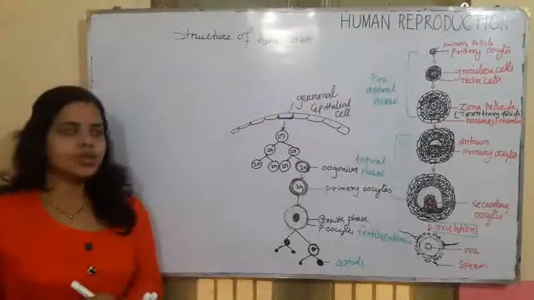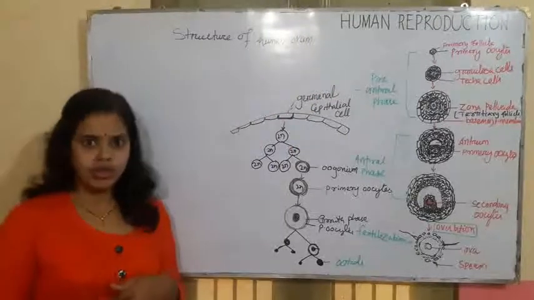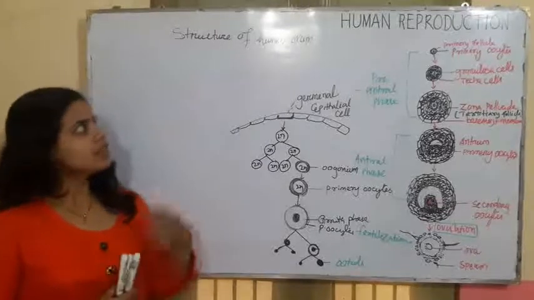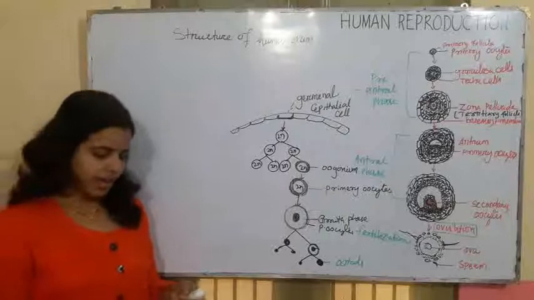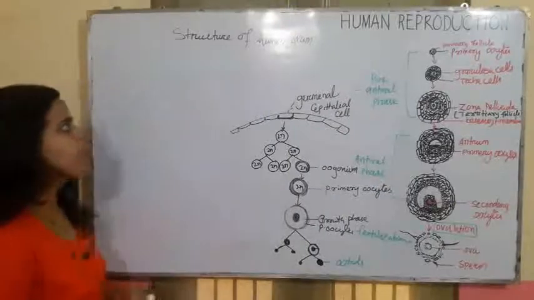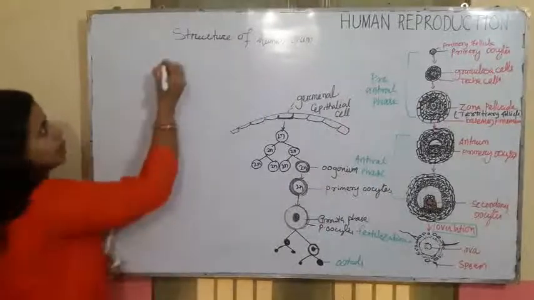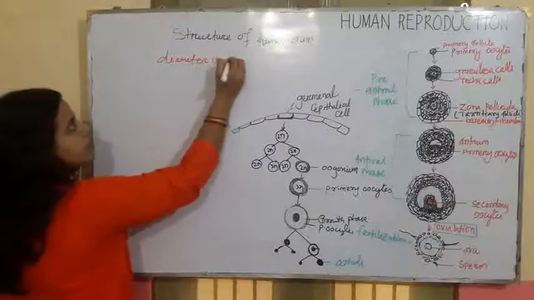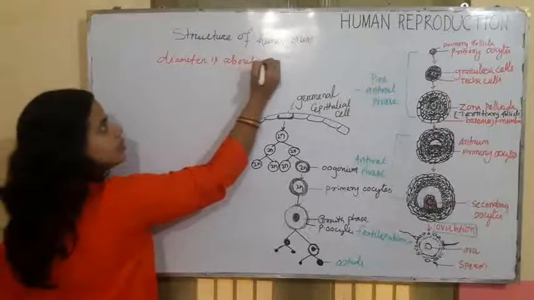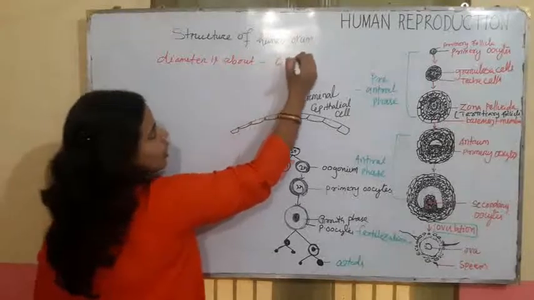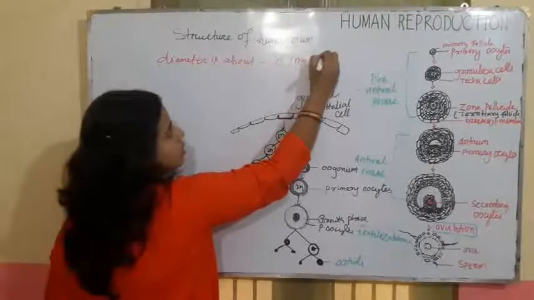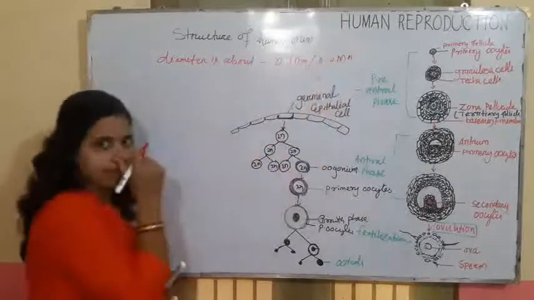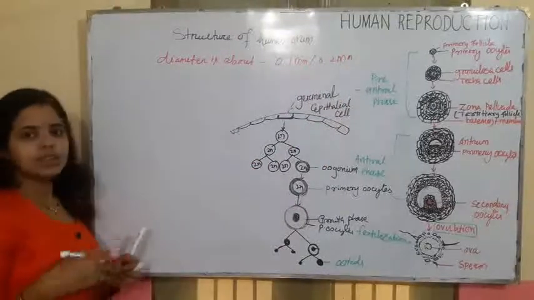When the human ovum is freshly examined in the liquid follicle, it is estimated that the diameter of this ovum is about 0.1 mm, or nearly between 0.1 mm to 0.2 mm.